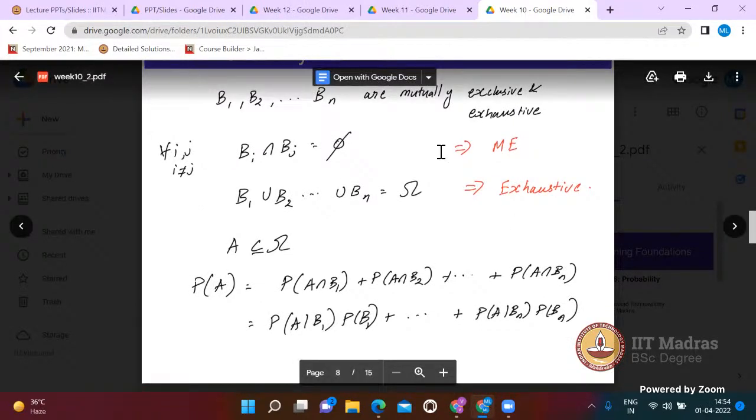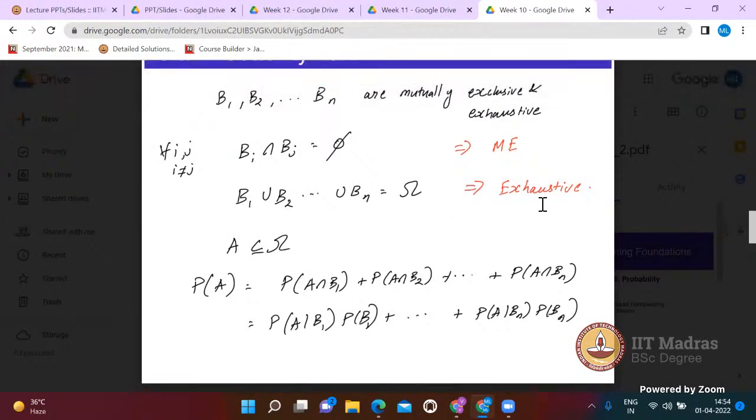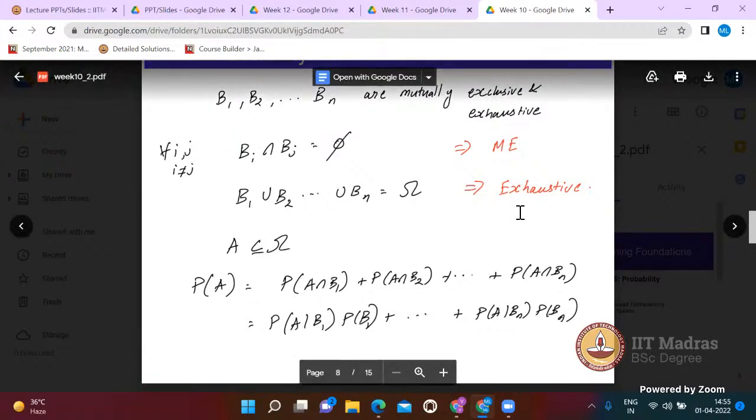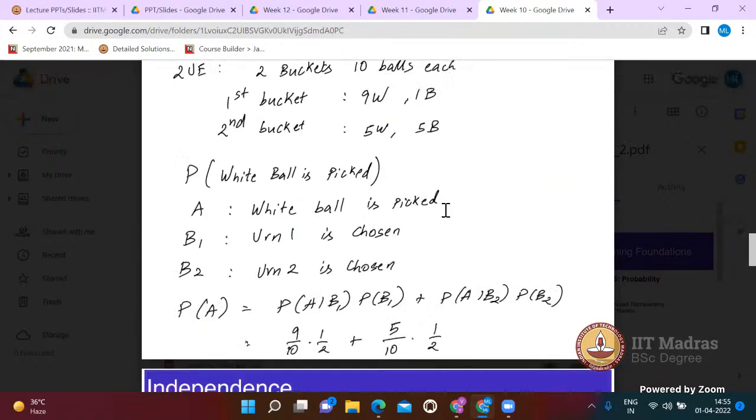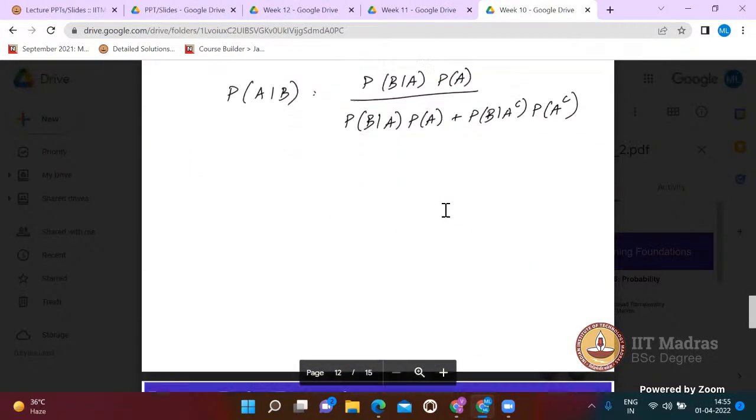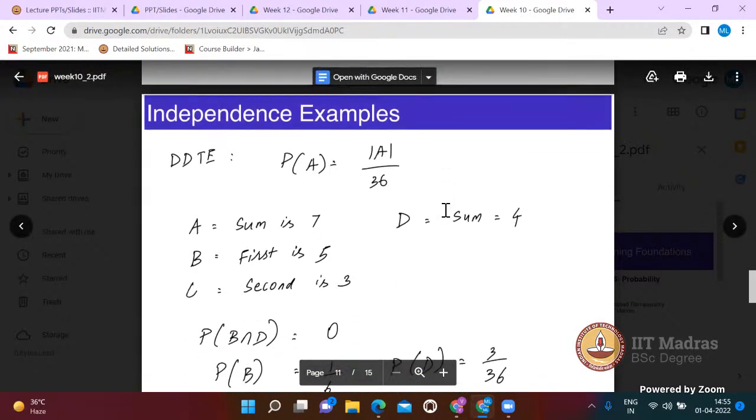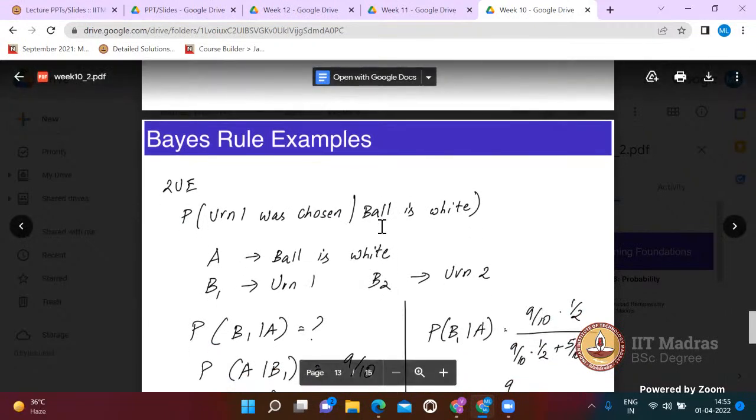This is mutually exclusive, the intersection is empty. And exhaustive means all the subsets together equal the sample space. This is exhaustive. So you can just solve some questions from the practice and graded assignments, and it's fine, I guess.